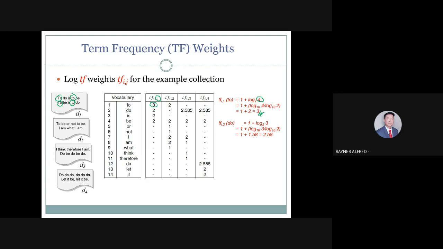Okay? Let's suppose we look at document number 3. How many times does it exist? 1, 2, and 3. So we plug in the value 3 here and we compute, and we get 2.58.